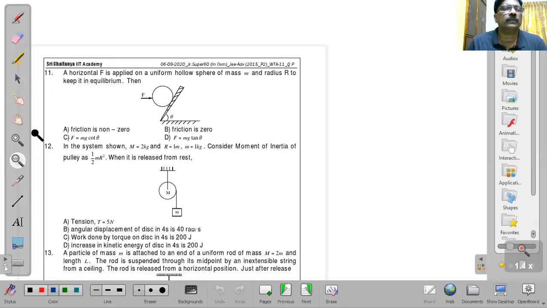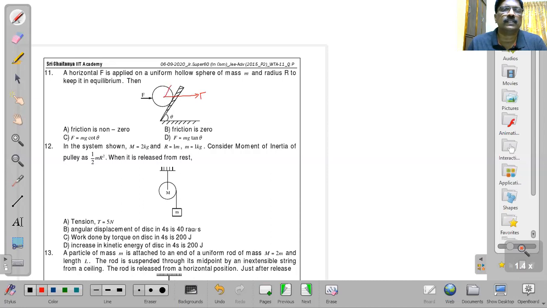Okay, next, the 11th problem. A horizontal force F is applied on a uniform hollow sphere of mass m and radius R to keep it in equilibrium. This force is acting along the horizontal direction.